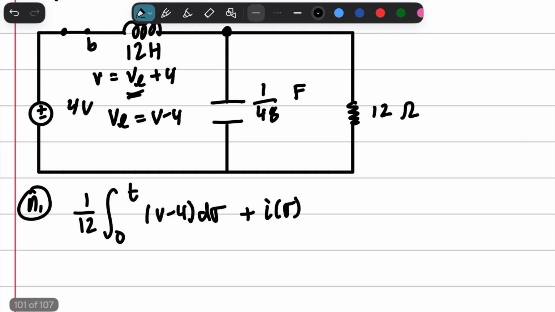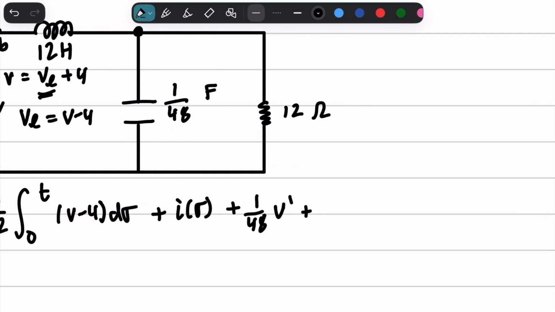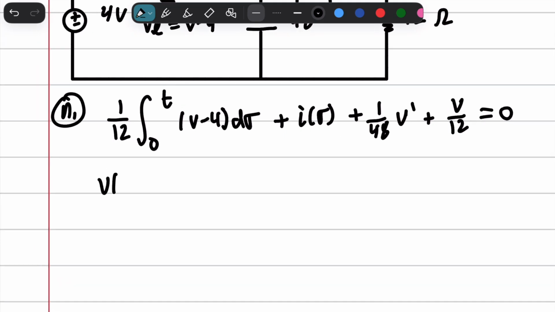And right here is very easy. 1/48 V prime, and finally V over 12. Now our job is to solve for V prime of 0 plus, and V prime of 0 plus is simply just going to be 0 plus I of 0 plus plus 1/48.